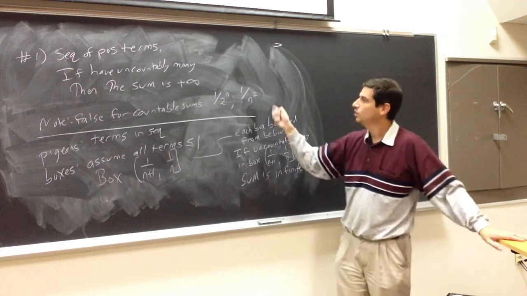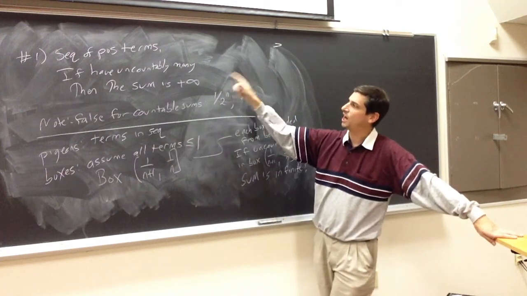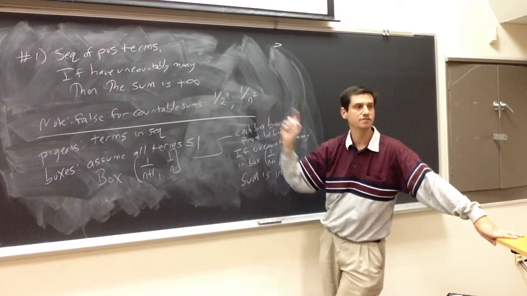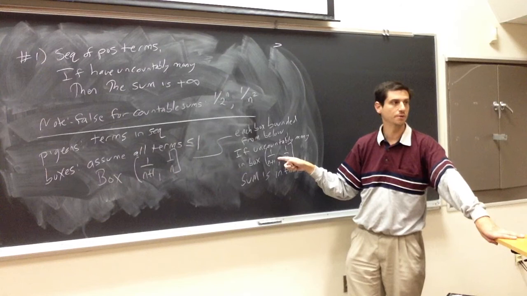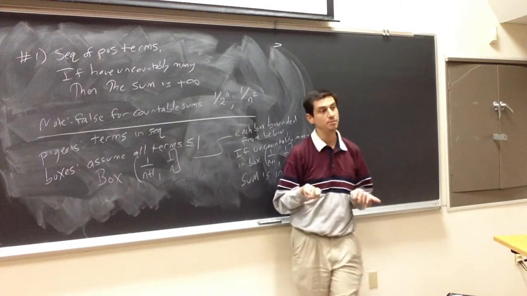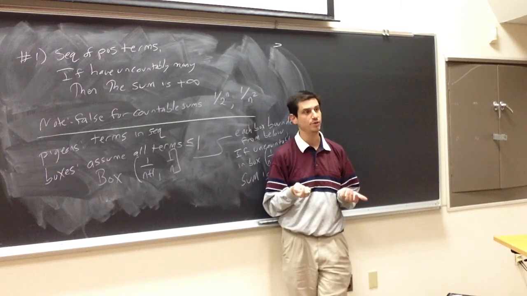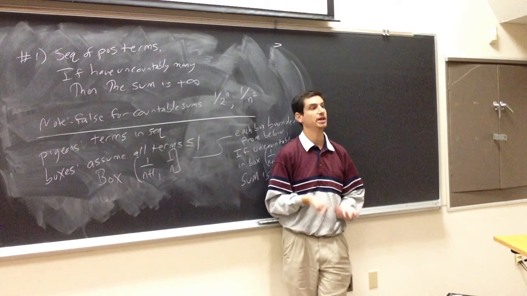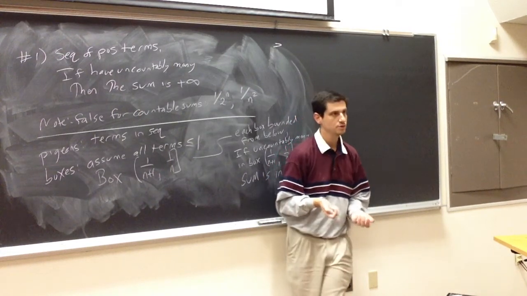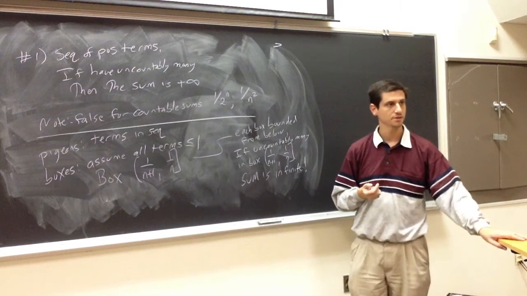If I have uncountably many that are at least 1 over n plus 1, I have countably many that are at least 1 over n plus 1. And I know that sums to infinity. So we are okay with something like that.